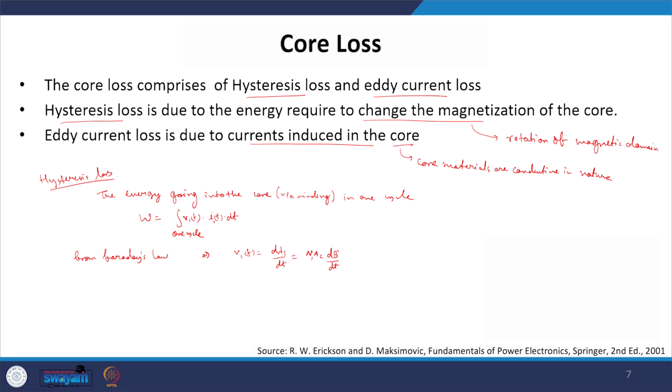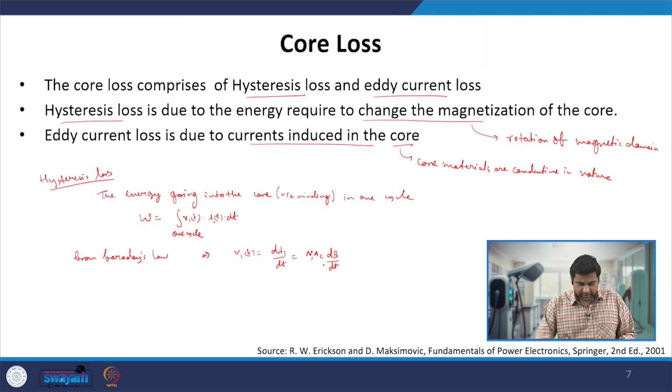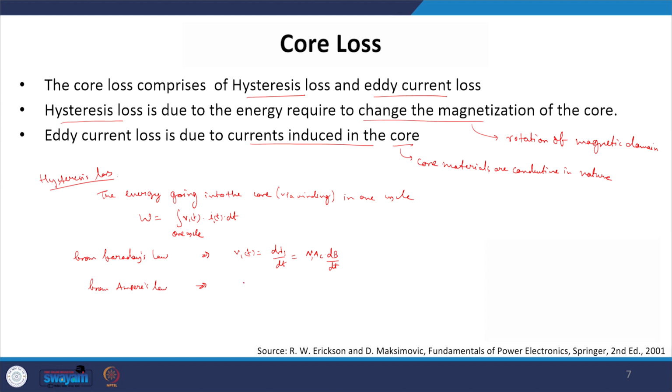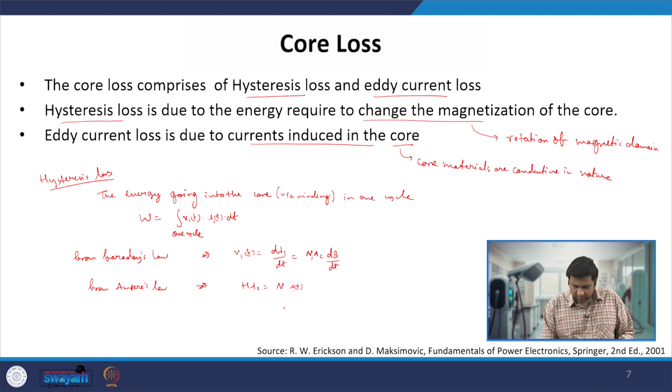Obviously this dB is in the core. Similarly, from Ampere's law we can write H into Lc to be equal to N1 into I1 of t, which is going into the first winding, and that I1 of t is H Lc by N1.